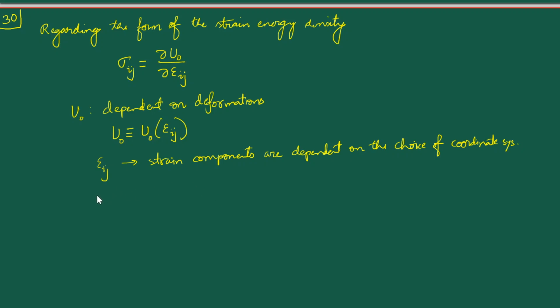However, our u naught is a physical quantity. That's a physical truth about the system under consideration. So how can this physical quantity be dependent on the choice of the coordinate system? It must be independent of the choice of the coordinate systems. It should be that way.